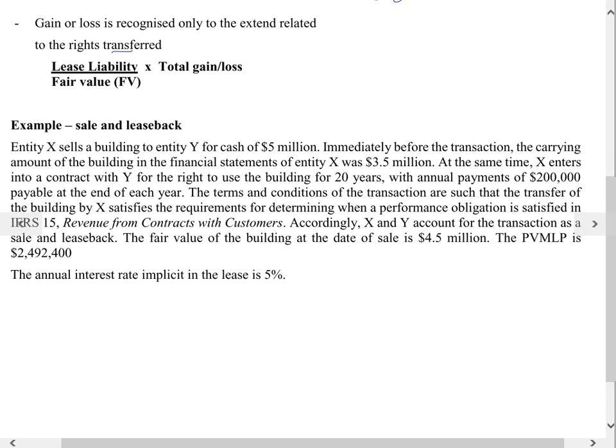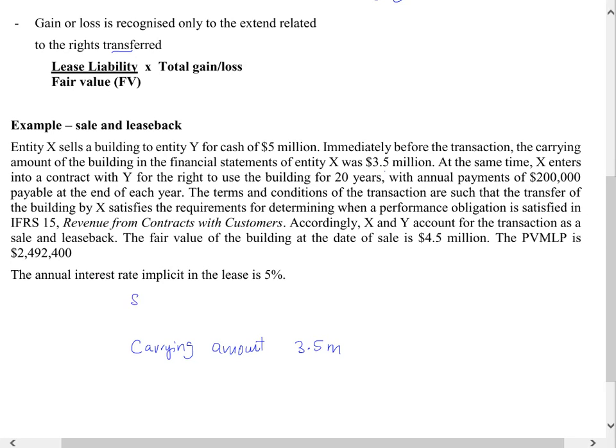Entity X sell a building to entity Y for 5 million. This is a sale proceed. Immediately before the transaction, the carrying amount of the building in the financial statement of the entity was 3.5. Carrying amount is the amount in the book, 3.5 million.